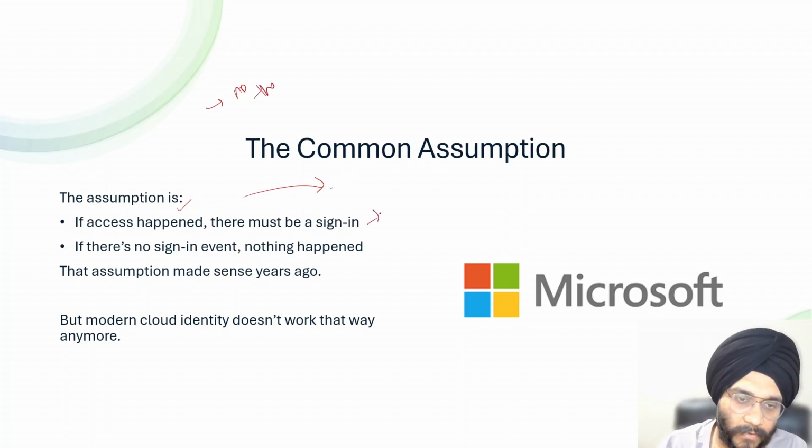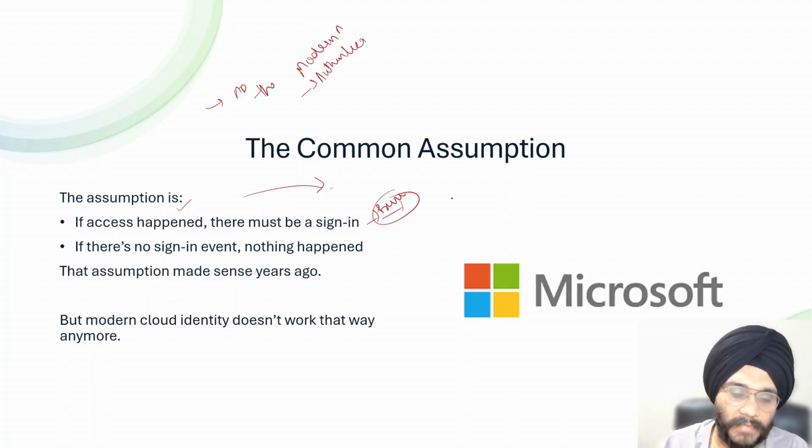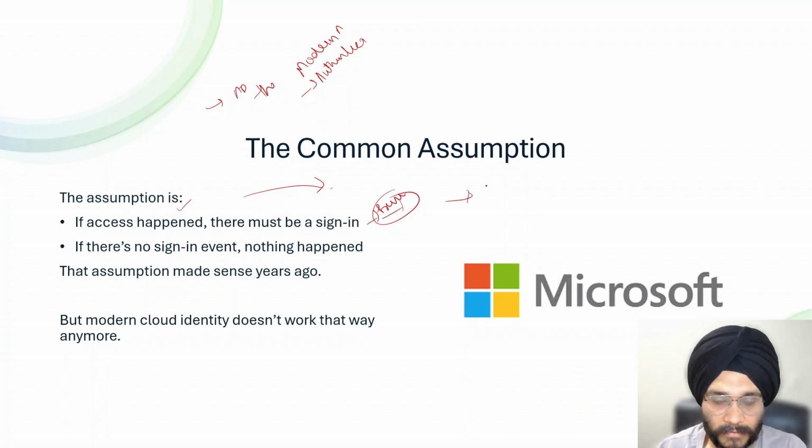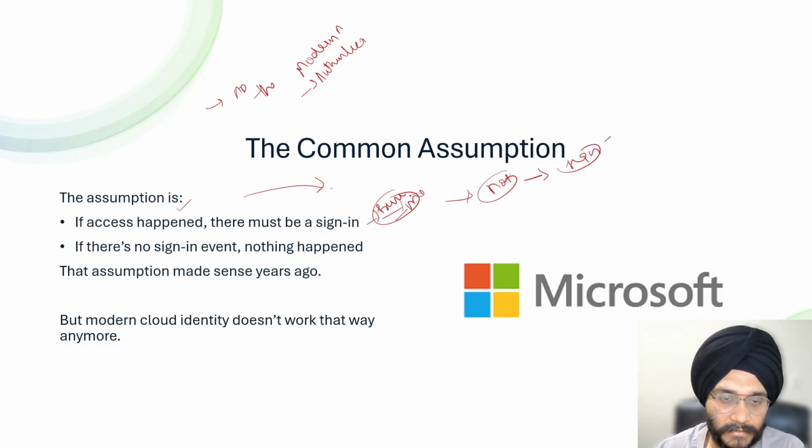This used to work in previous identity systems, but not in modern authentication methods. Sometimes there are applications where non-interactive user sessions will be there, sign-in events, but no user interactive session, and there will be no user sign-in logs for that.